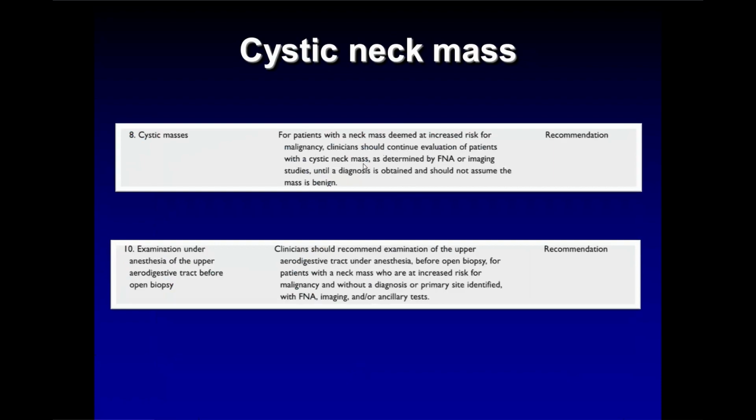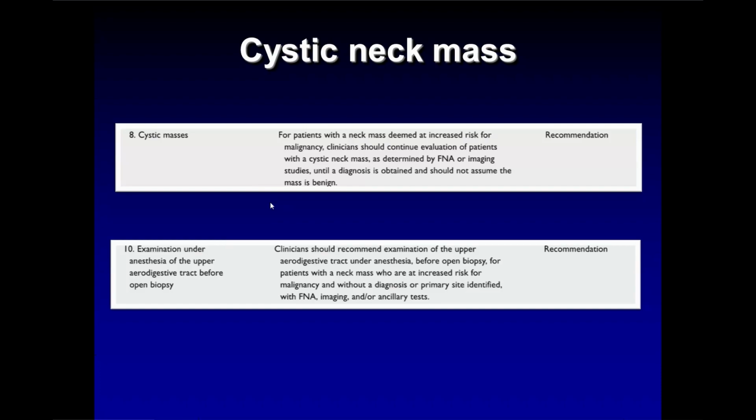And this may necessitate an examination under anesthesia of the upper aerodigestive tract before, and I underline that, before proceeding with an open biopsy. So, for example, if you have a neck mass that is cystic in a patient that is over 40 years old, one of the possibilities, as we mentioned earlier, is a branchial cleft cyst. But a thing that you really need to determine convincingly before you embark on that diagnosis is that this is not a malignancy.